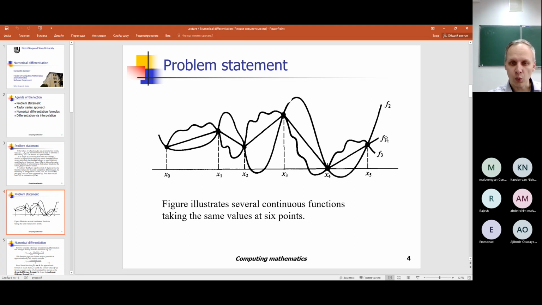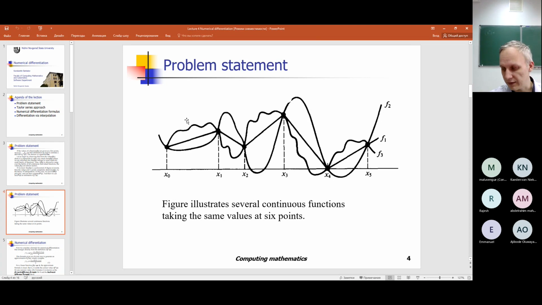For example, f1 is a piecewise linear function that passes through these points. f2 is another function that passes through these points, some kind of polynomial, for example. f3 is another function that passes through these points, and so on. If we know only these points, there are infinitely many functions, and this information is useless.